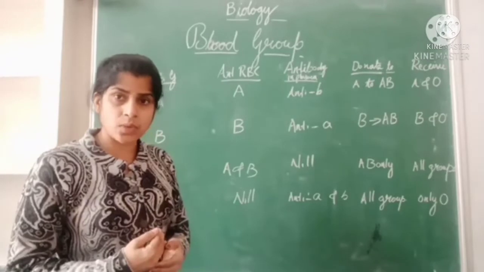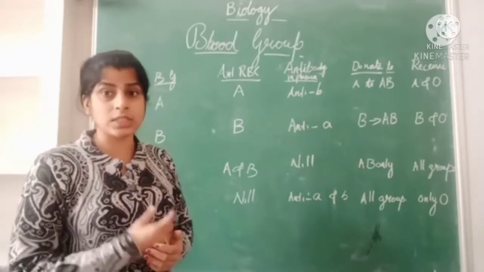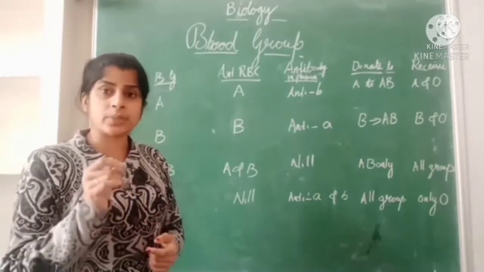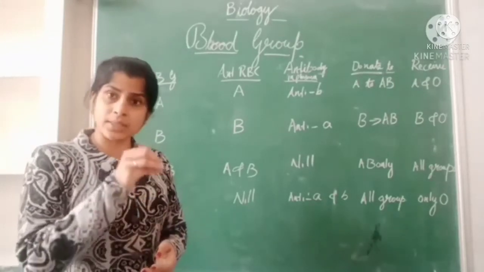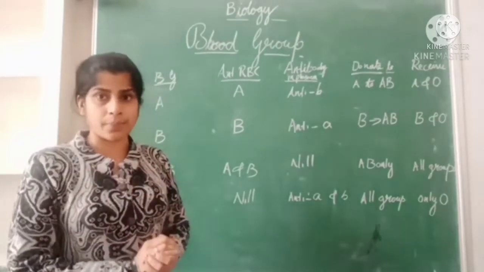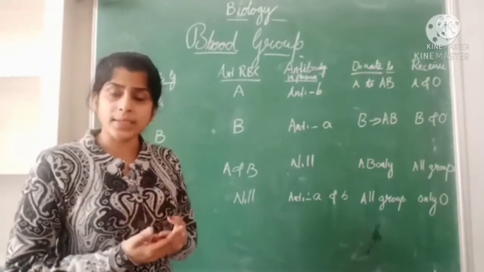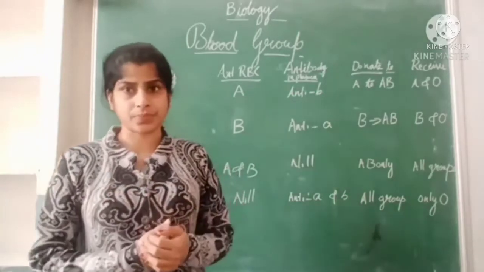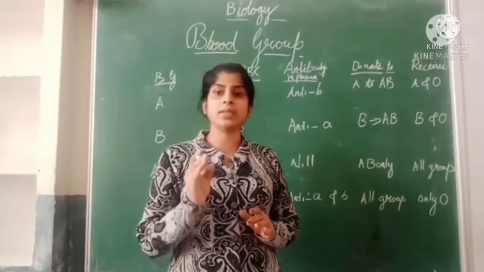RH factor is a special protein, which means an antigen, present on the surface of RBC, and antibody present in the blood plasma. On this basis we can determine the blood groups. Right? You know, first this RH factor was determined in the monkey.